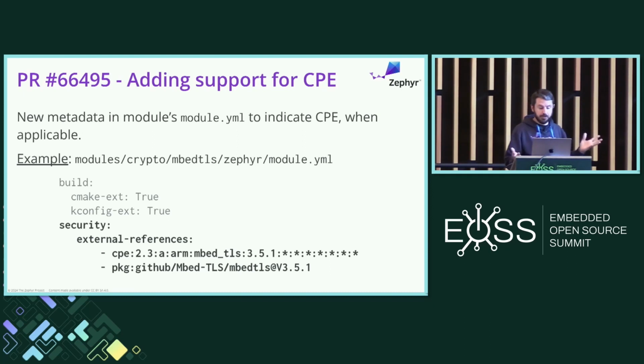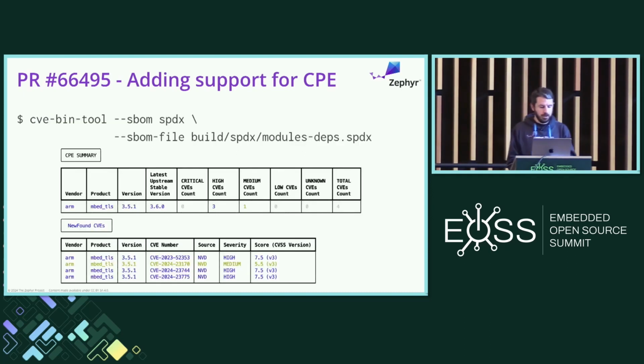And so by capturing that information, when you create the SPDX file for your application, there's one additional piece of information being surfaced. Say your application is the Wi-Fi sample from Zephyr. It pulls in TLS, and TLS, as per the west metadata information, is version 3.5.1 in your shipped binary.